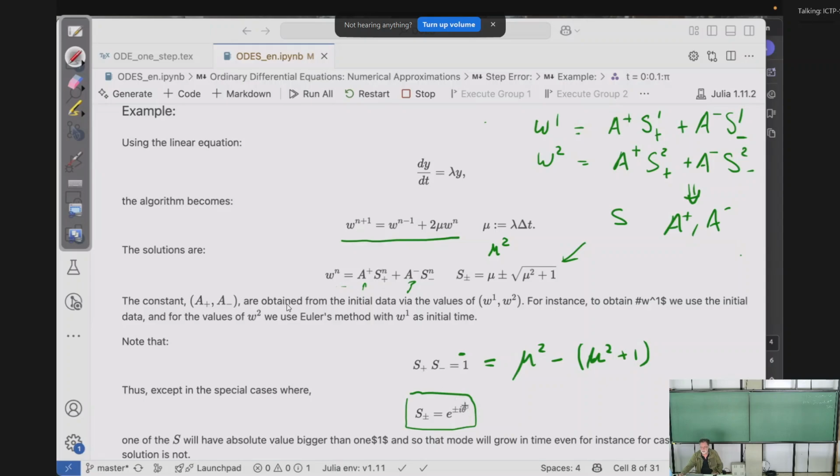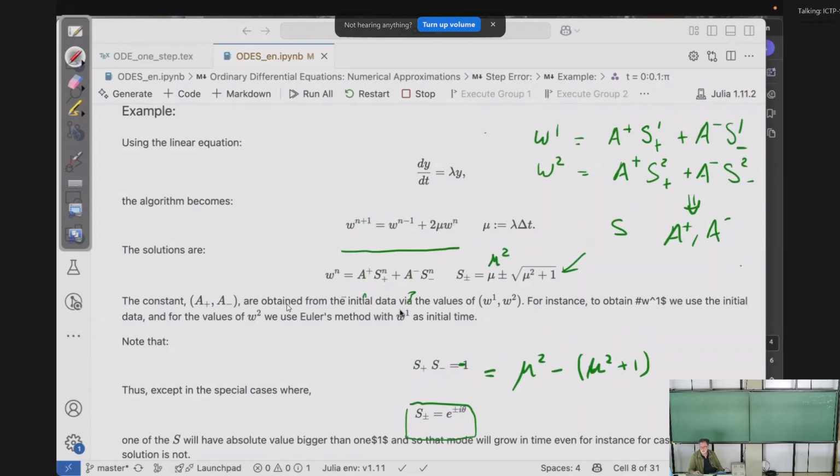But in general, if this is not the case, for a particular mu, you will have one of these that is growing, an amplification in one of the factors. So the bigger factor will dominate, and the solution will go away from the exact one very fast.